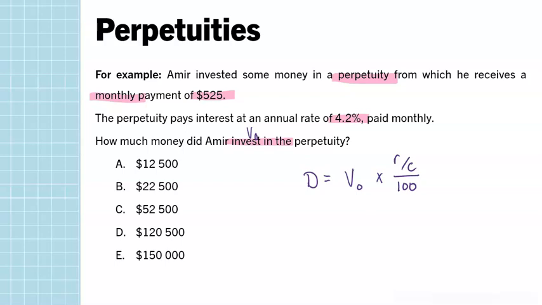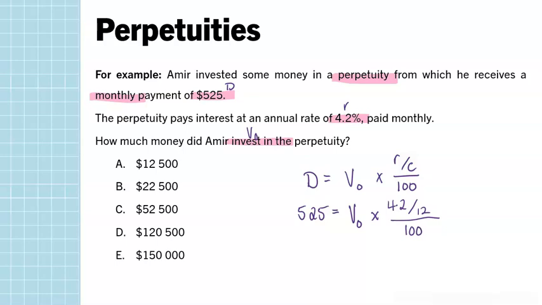So let's set up an equation that we can solve, and then we can use our calculator to solve for us. So here our payment amount is being given to us as $525. We need to find our investment amount, V0. We're told that we have an interest rate of 4.2% and that is being paid monthly, so compounding monthly, and all over 100.